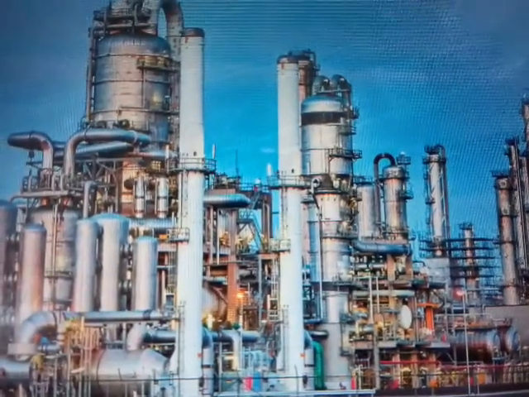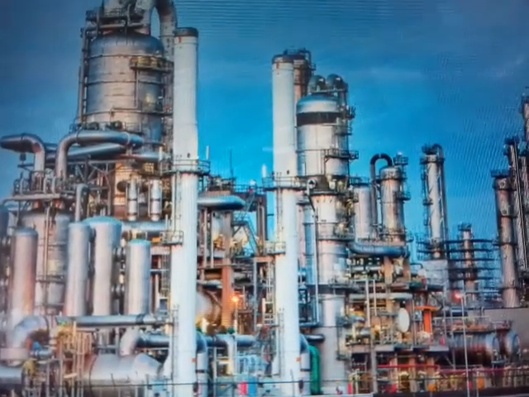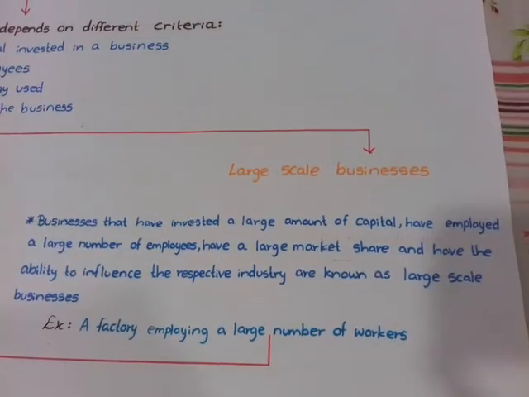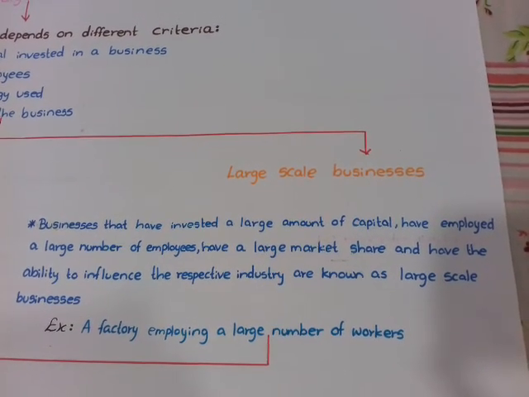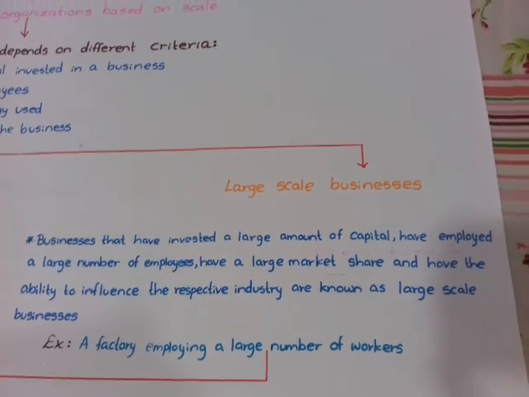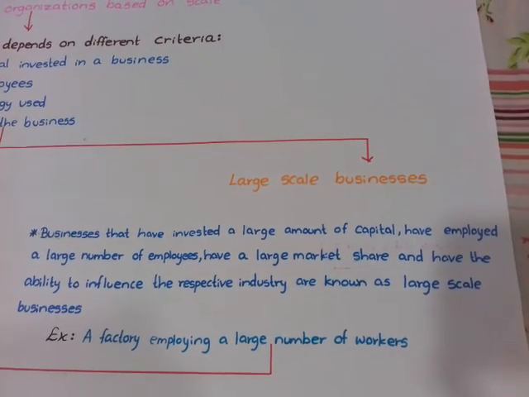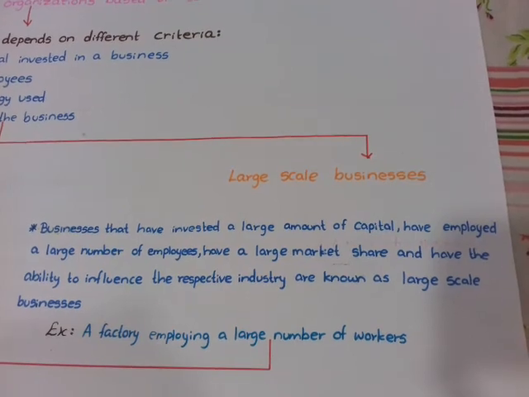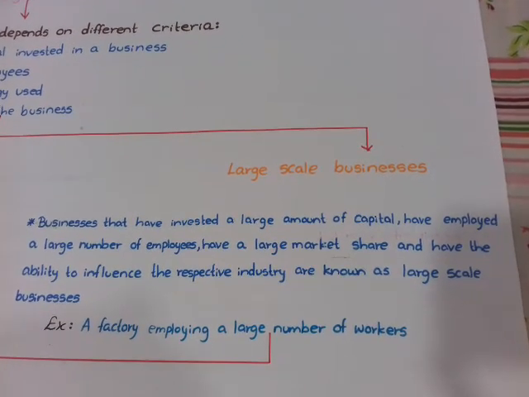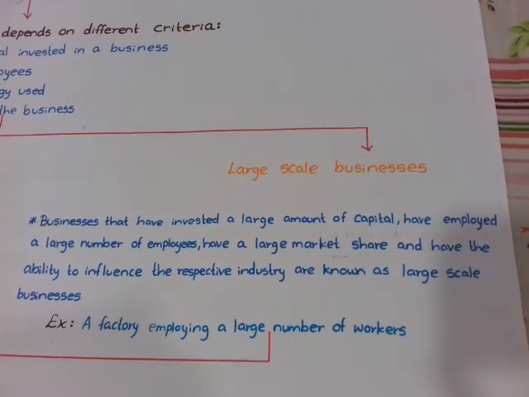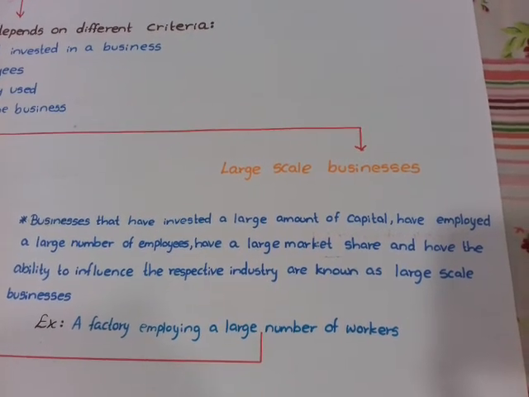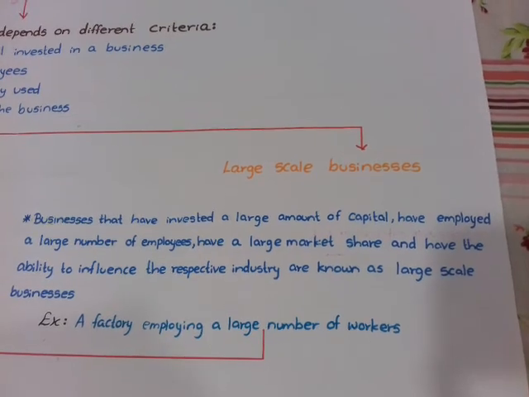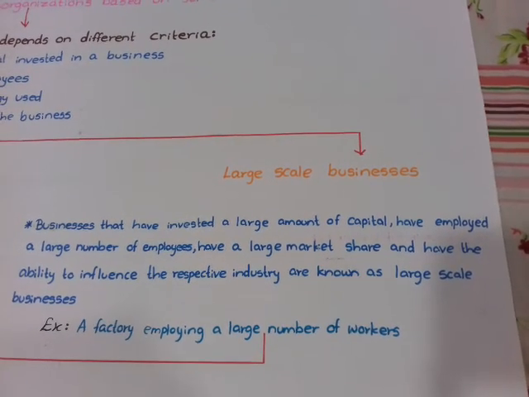Now let us see what large scale businesses are. The businesses that have invested a large amount of capital, employed a large number of employees, have a large market share and have the ability to influence the respective industry are known as large scale businesses.